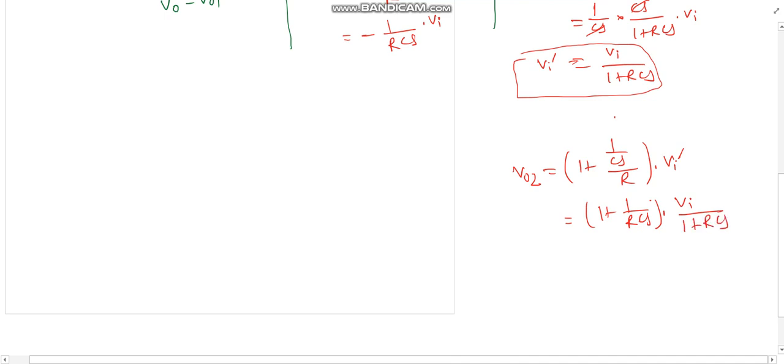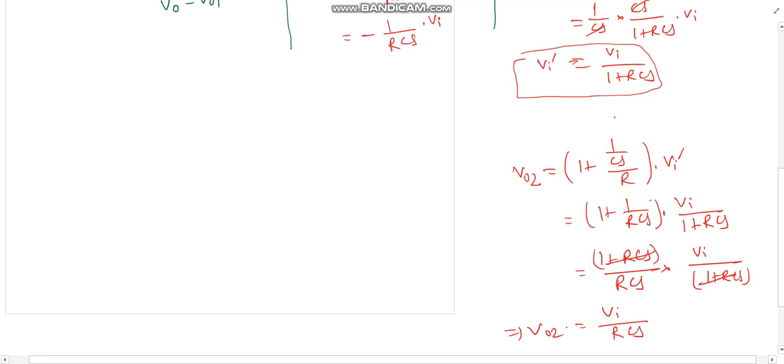So this value will be 1 plus RCs divided by RCs into Vi by 1 plus RCs. The 1 plus RCs terms cancel out, so the output of the non-inverting amplifier V02 will be Vi by RCs.